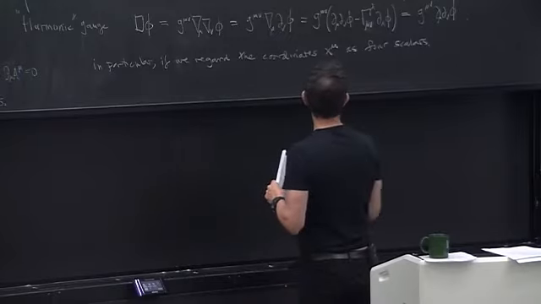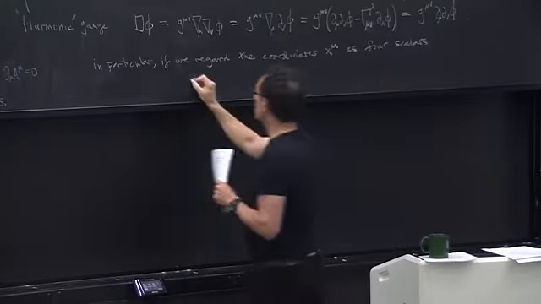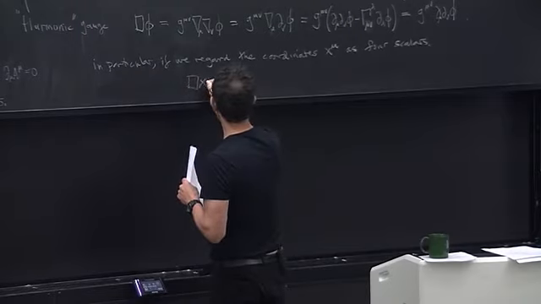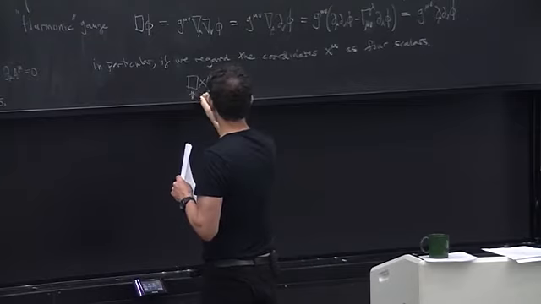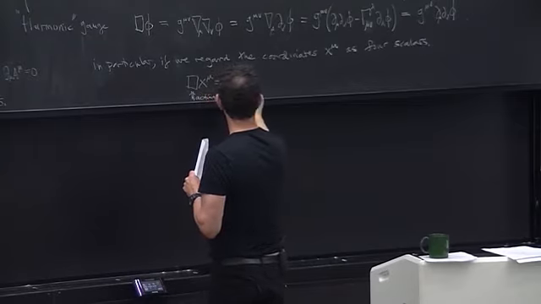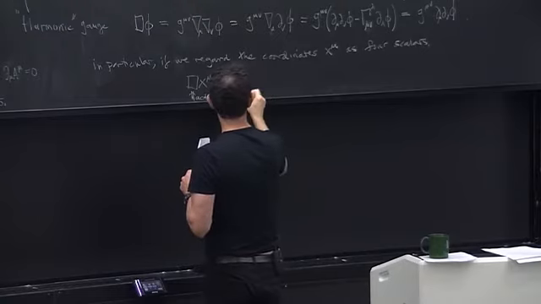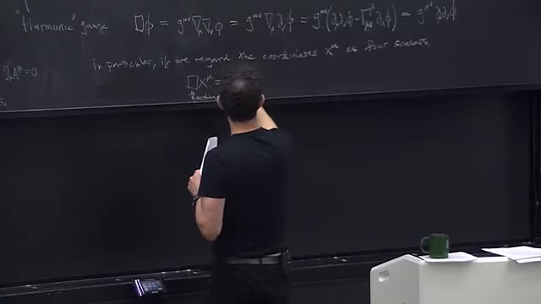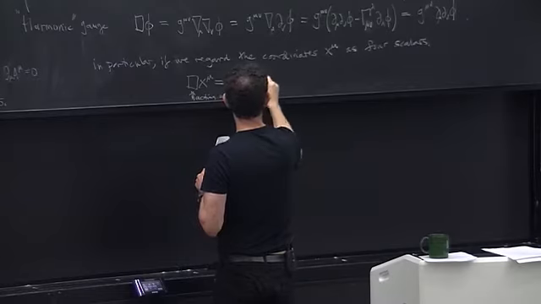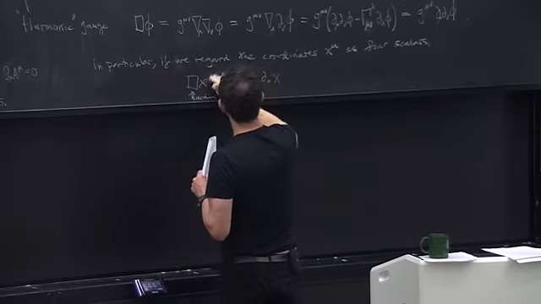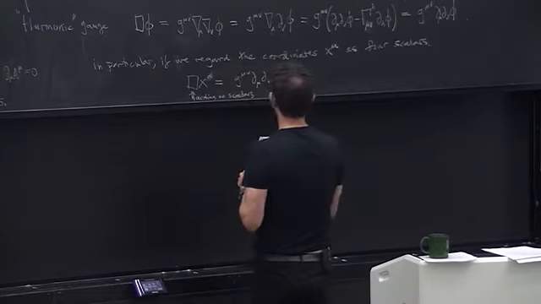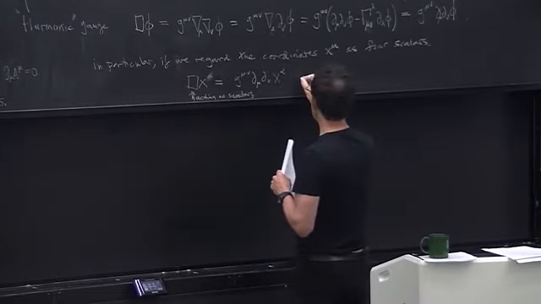We can think about the coordinates as 4 scalars, and then it follows that box x mu, where this means the box acting on scalars, equals g mu nu d mu d nu x alpha in harmonic gauge.